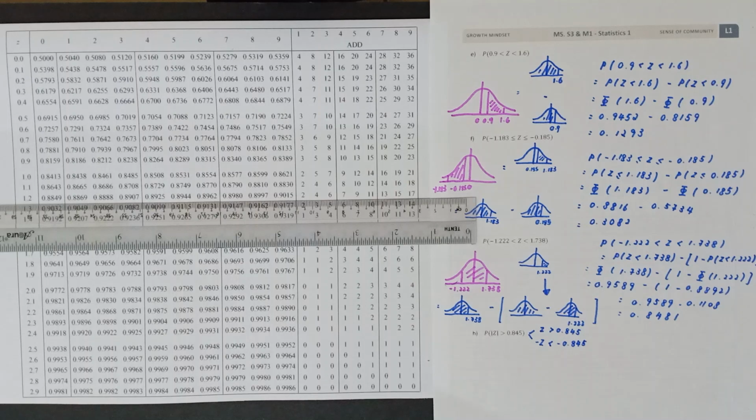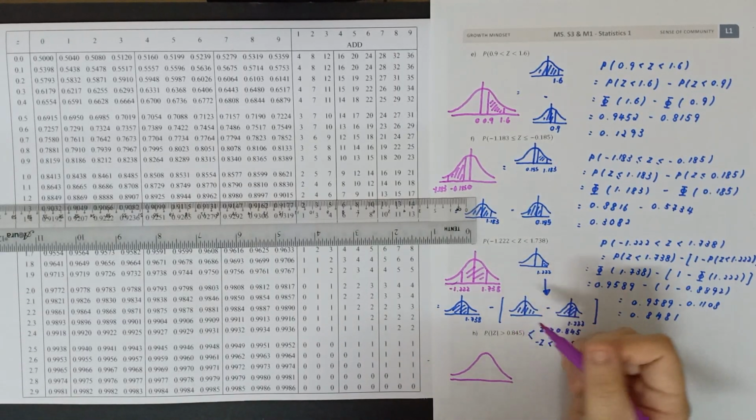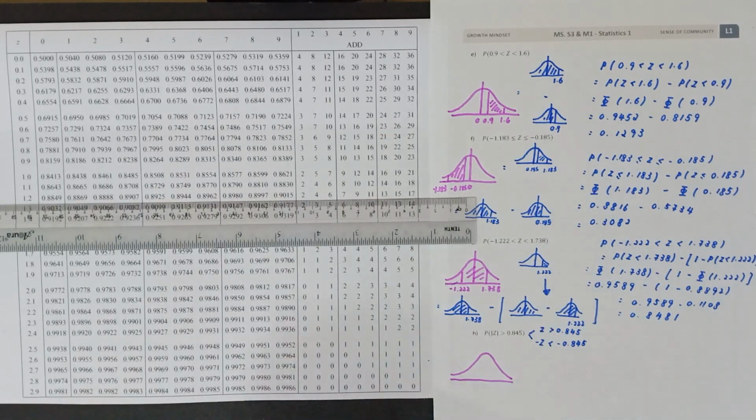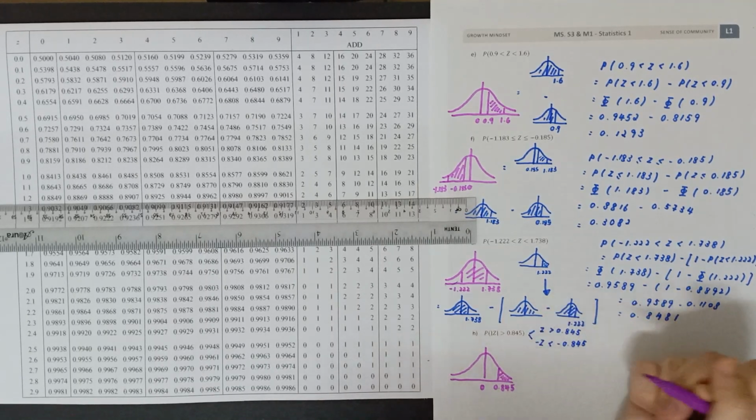Is that okay? Of course I need to draw it, then you will understand. So modulus z greater than 0.845.